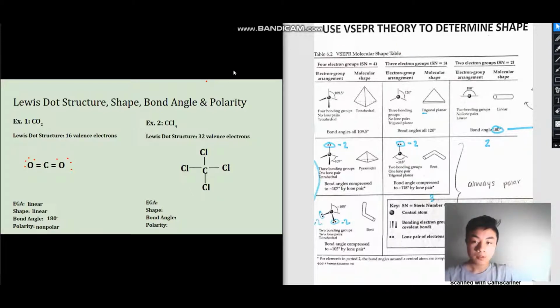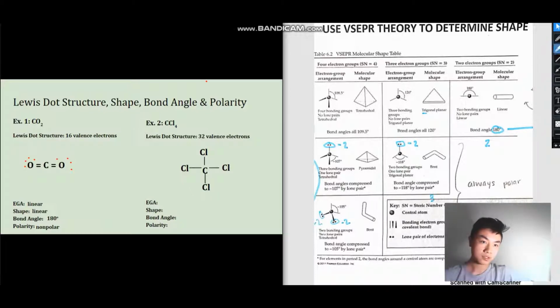Next, we have carbon tetrachloride. And so from the periodic table, it's going to have 32 valence electrons. And so the only way you can set it up is carbon in the middle. And since it's already satisfied all around, all we've got to do is fill in the rest of the electrons, and so we have 2, 4, 6, 8. We already have 8 valence electrons, so we are going to need 24 more valence electrons.